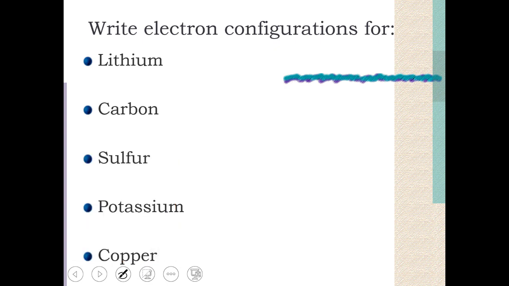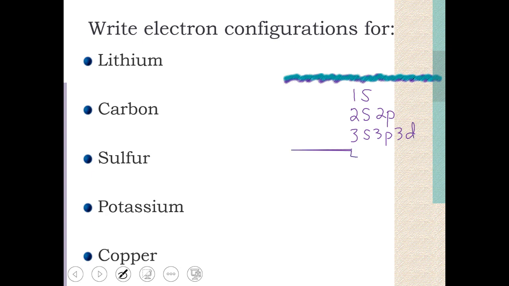I'm going to make it off to the side and then use it to write these configurations. We know that level 1 has 1 sublevel and it's called s. Level 2 has 2 sublevels. It has an s and a p. Level 3 has 3 sublevels. It has an s, a p, and a d.